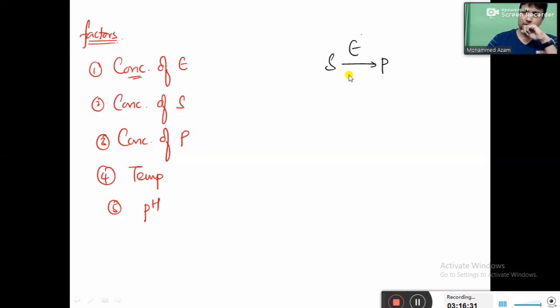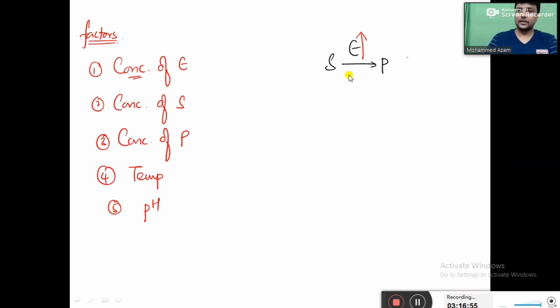If the concentration of enzyme increases, if the amount of enzyme increases, now tell me what will happen to velocity? Will velocity of the reaction increase or decrease?